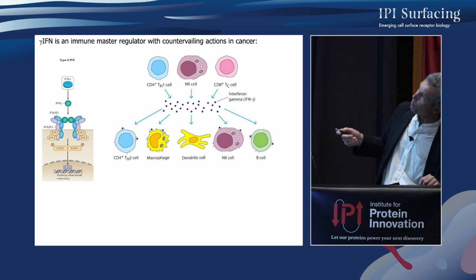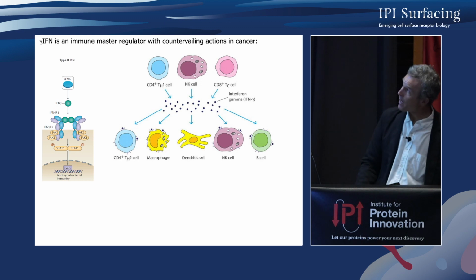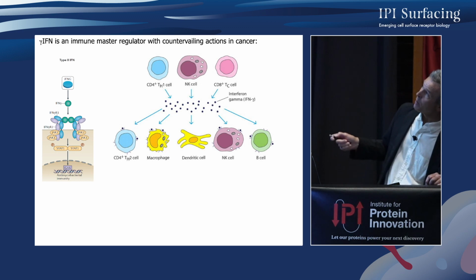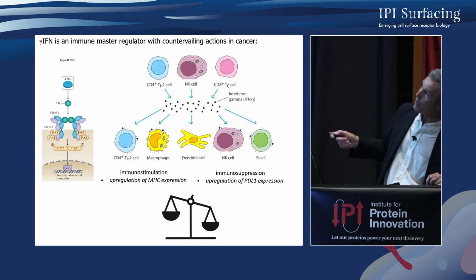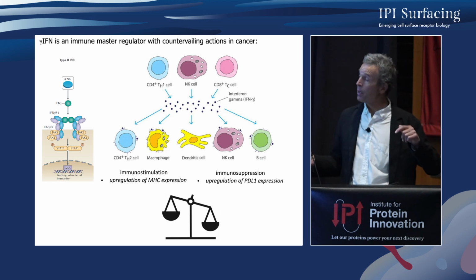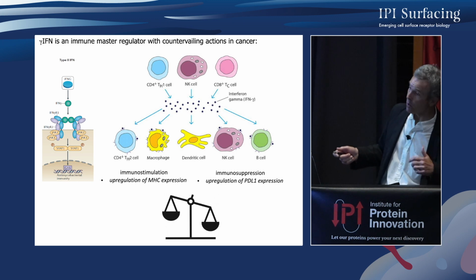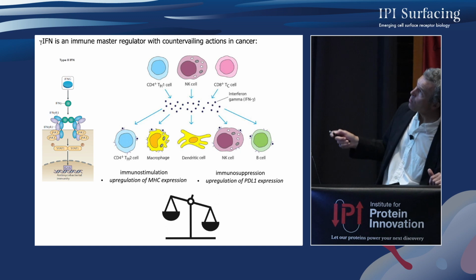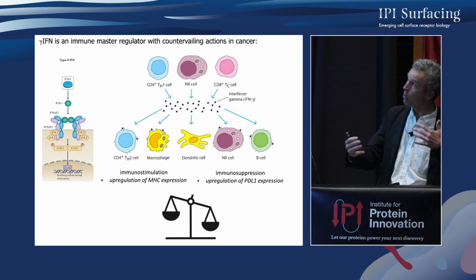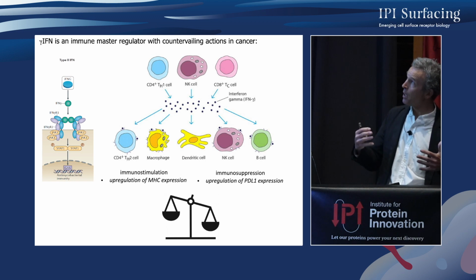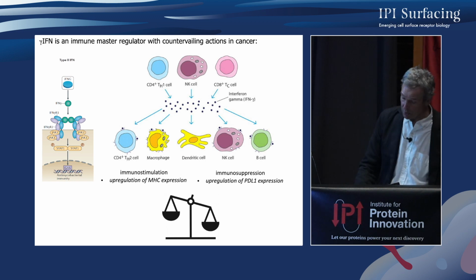The parameters that we're focused on is the fact that gamma's primary role is upregulating class 1 MHC to drive up tumor antigen expression and make cells present viral antigens better. But it also has this counterbalancing effect of upregulating PD-L1 expression. So there's a neutralization of the immunostimulation by the PD-L1 expression.